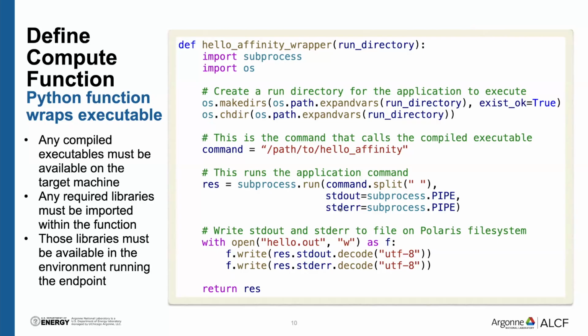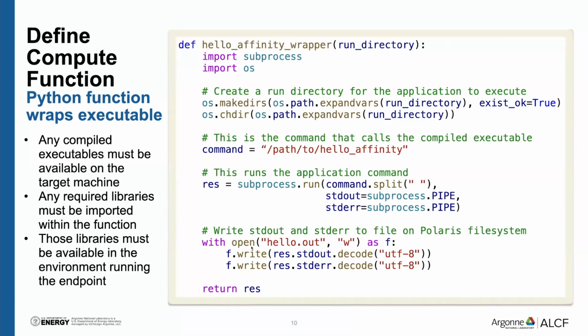You might want to also capture aspects of how this executable runs, for example, the standard out and standard error, the return code, things like that. That information will be contained in this variable res.